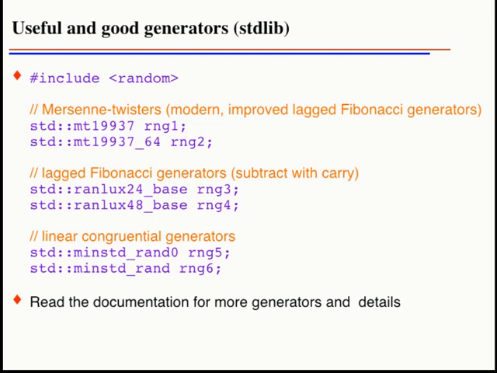So as I said, we have Mersenne Twister, that is an improved lagged Fibonacci generator. We have the lagged Fibonacci using a subtract with carry binary operation. And we also have the linear congruential that, well, we know they are not really good, but you can still use them.